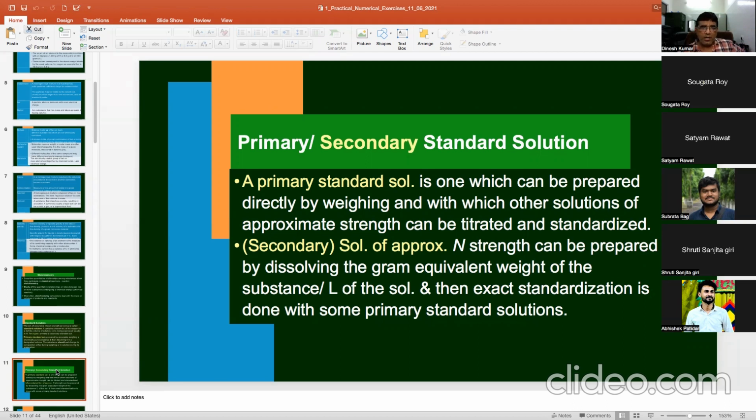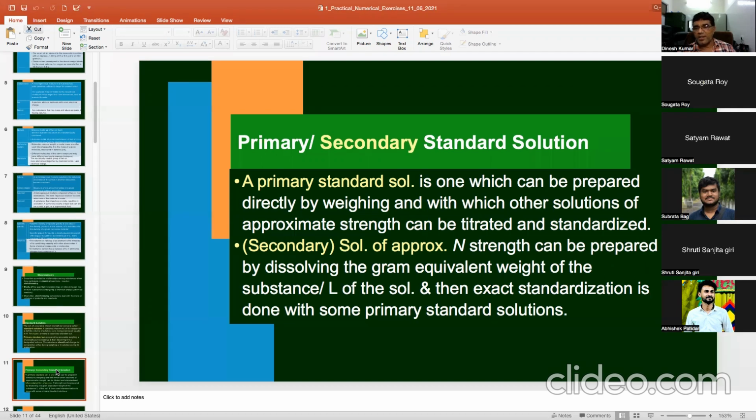A secondary standard solution of approximate normality or strength can be prepared by dissolving the gram equivalent weight of the substance per liter of the solution. It means you need to dissolve the gram equivalent weight in water and make up the volume of the solution to 1 liter, so that 1 liter will contain 1 gram equivalent of the substance.